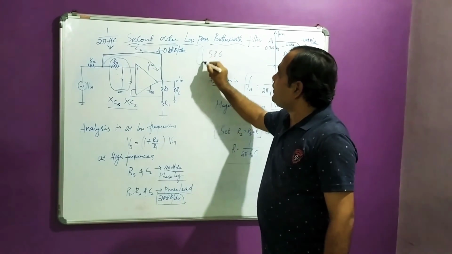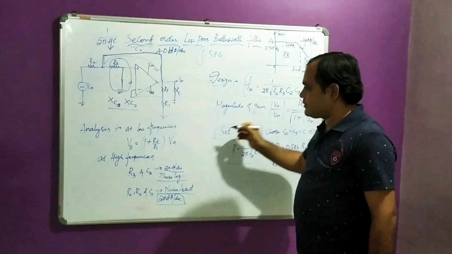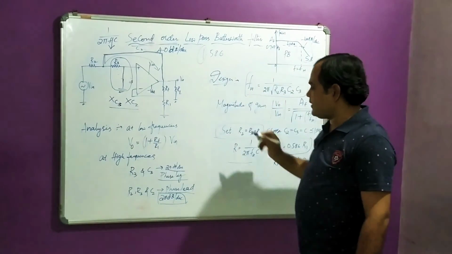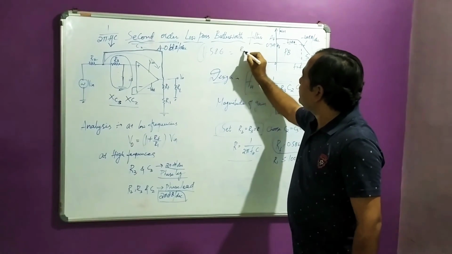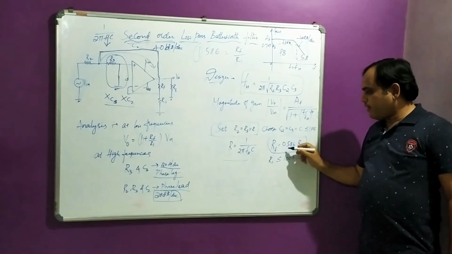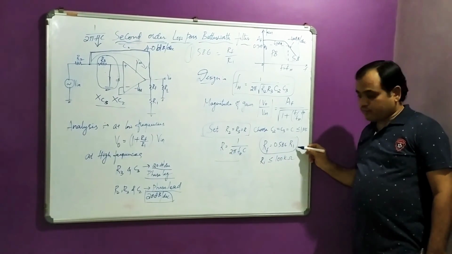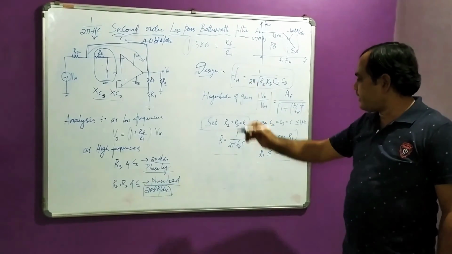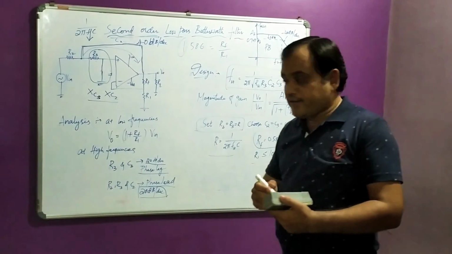In this, 1 is the 1 plus, and the ratio is 0.586. Therefore RF is equal to 0.586 R1. R1 is always chosen for this design to be less than or equal to 100 kilo ohms.